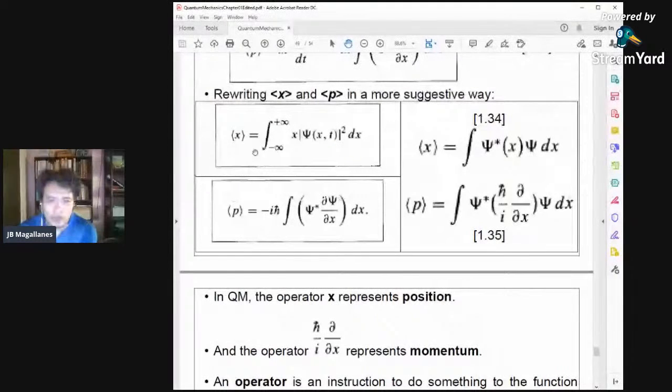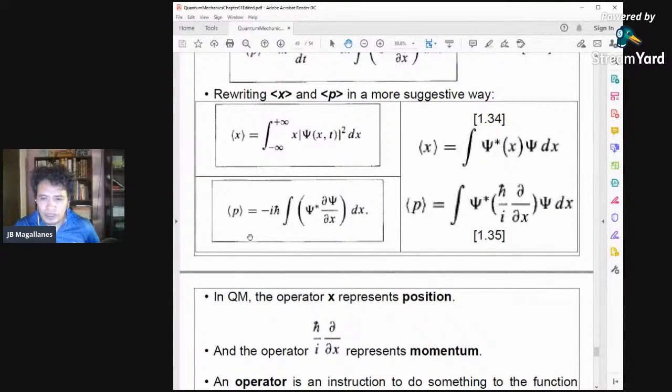This is the original expression: expectation value of x, integral from negative infinity to positive infinity of x times psi squared dx. You can write it like this: expectation value of x equals the integral of psi star times x times psi.